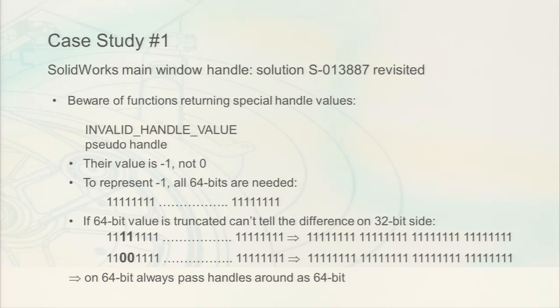So on the 32-bit side, everything will start to look again like an invalid handle or a pseudo handle -1. So you have to be very careful here. On the 64-bit platform, always pass handles around with 64-bit data types. Otherwise, you lose data and your if tests for these invalid things start to fail all of a sudden. So be very careful.